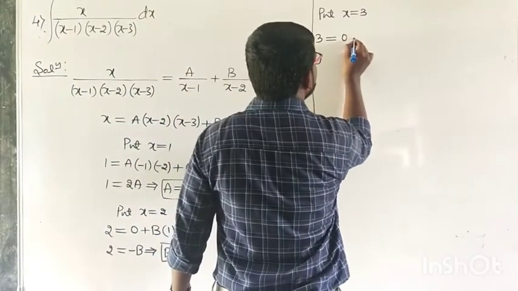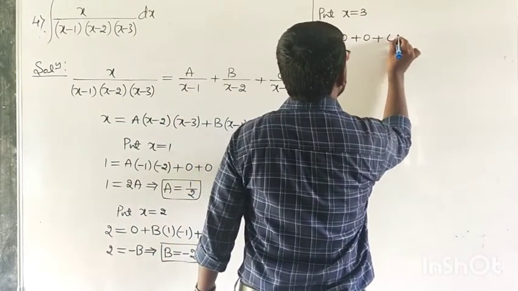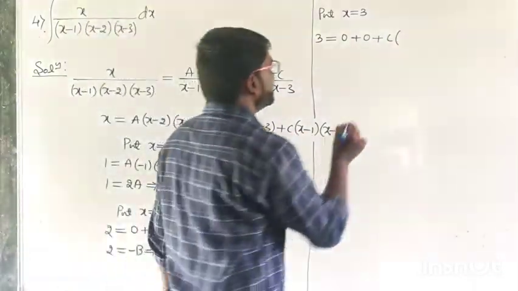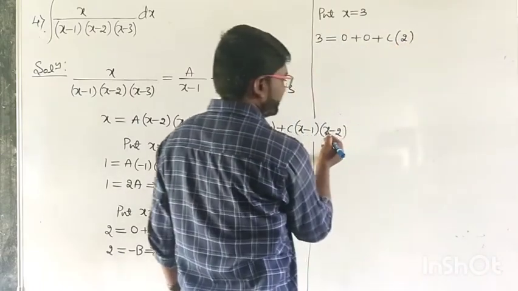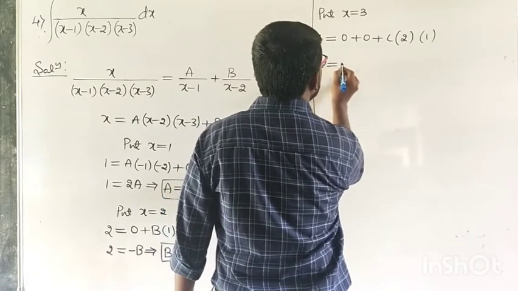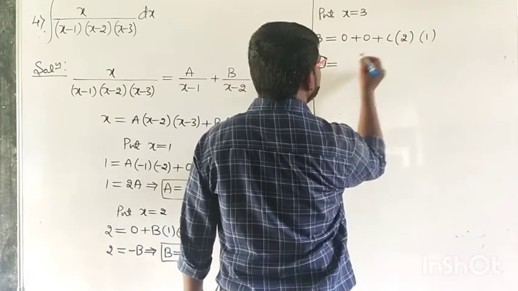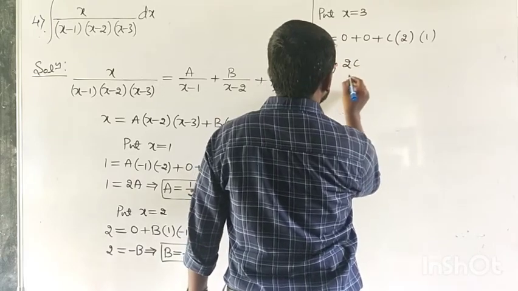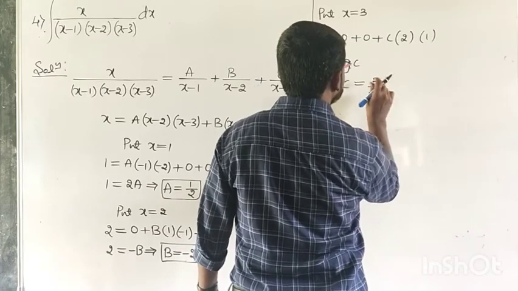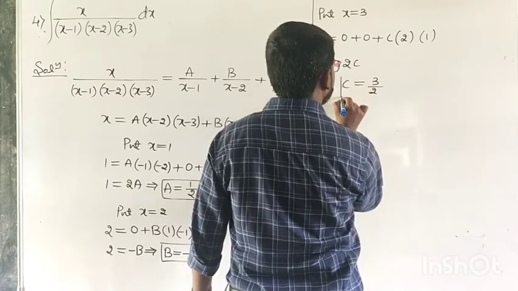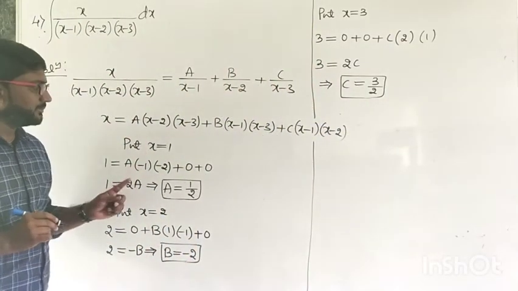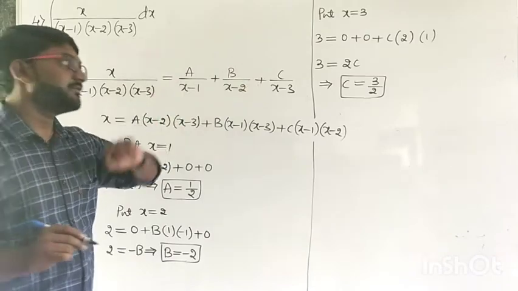So 0 plus 0 plus c into the bracket, see here, 3 minus 1 it is 2, then 3 minus 2 it is 1. So 3 is equal to 2 into 1, it is 2, 2 into c, it is 2c. So this implies c is equal to 3 divided by 2. So we have got the value of c as well. Now substitute the values of a, b, c in this particular equation.